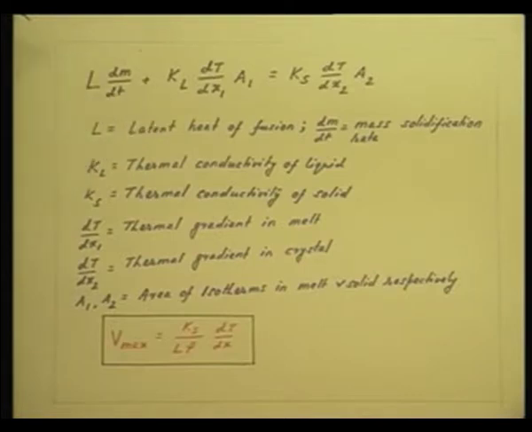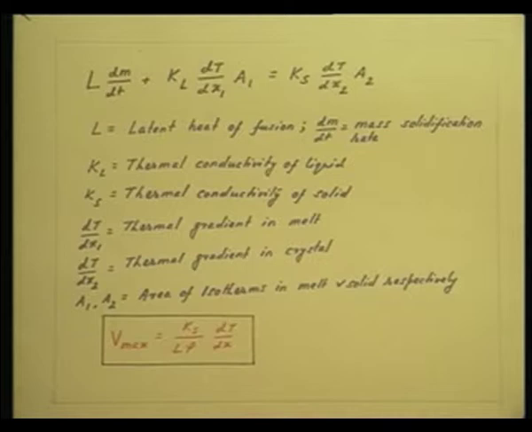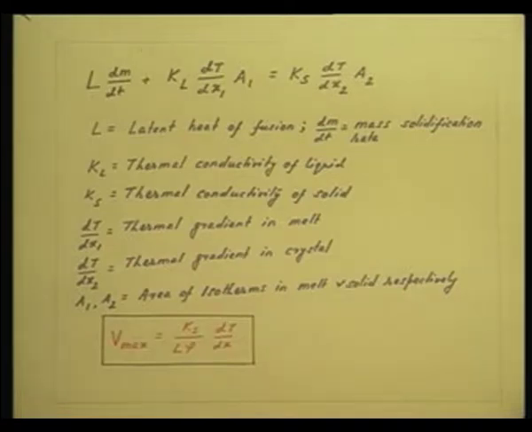K_L is the thermal conductivity of the liquid, K_s is the thermal conductivity of the solid, dT/dx1 is the thermal gradient in the melt, dT/dx2 is the thermal gradient in the solid, that is in the crystal, and A1 and A2 are the areas of the isotherms in the melt and in the solid. So, basically what I have written is a heat transfer equation.